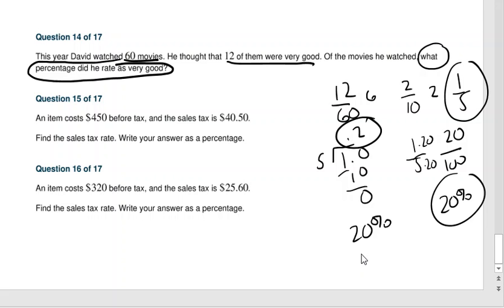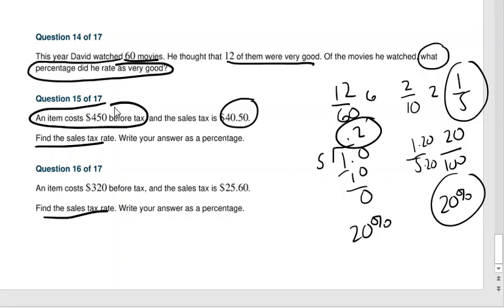Okay, question number 15 and 16 deal with finding the sales tax rate. And when you find the sales tax rate, all you do is you take the sales tax amount and you divide it by the cost before tax. So on question 15, when it says an item costs $450 before tax and the sales tax is $40.50, find the sales tax rate.